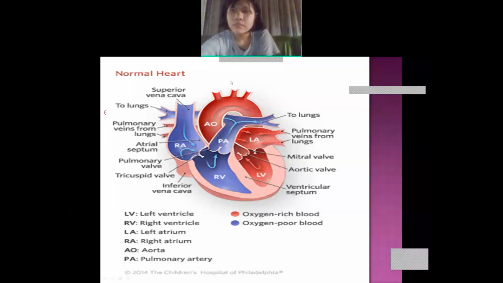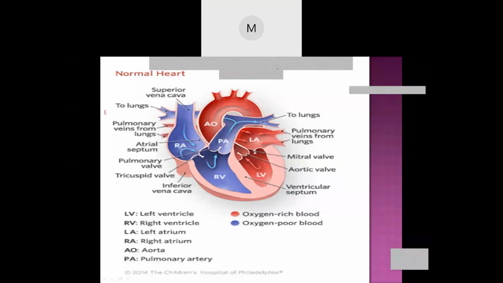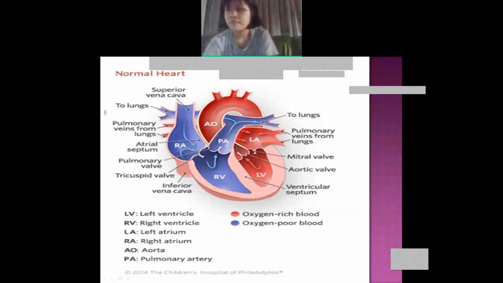Finisha? Artery carries what kind of blood? Oxygenated blood or deoxygenated blood? Yes? Ma'am, oxygenated blood. Yes, oxygenated blood.